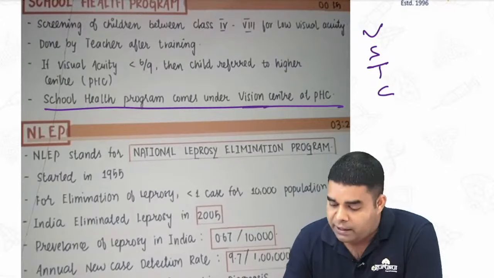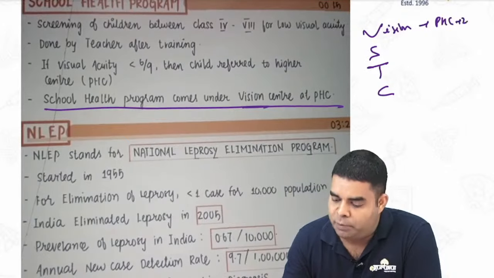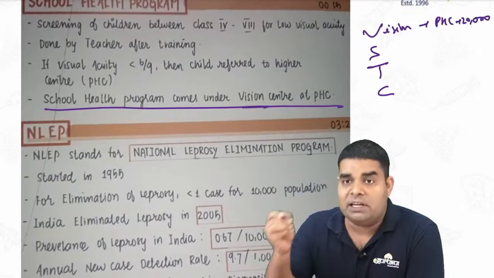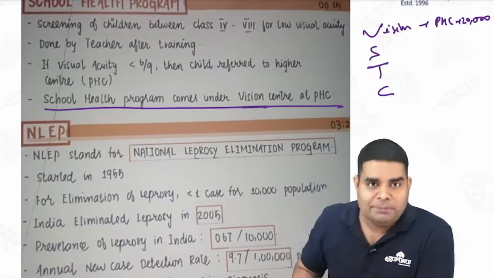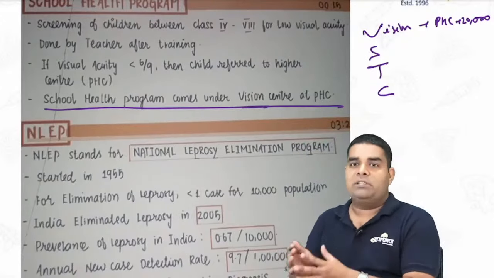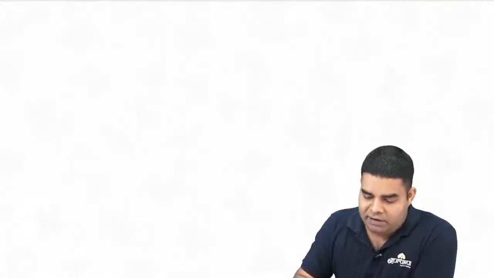VSTC is the mnemonic. So this vision center which is at PHC and which should be 20,000, this is the one which looks over school health program. Okay, so remember, school health program is looked after by vision center which is present at PHC. So the correct answer was definitely PHC.